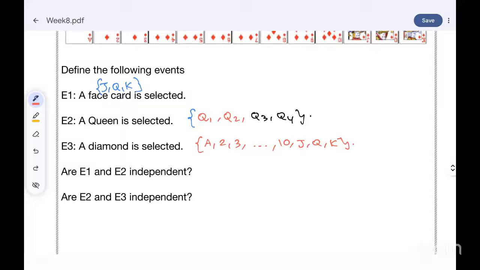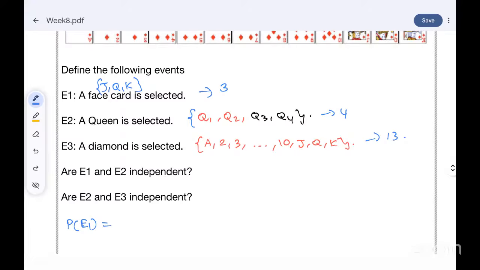So first of all, here again the same conditions we need to check. In E1 there are 3 ranks with 4 cards each, and here there are 13 outcomes. So we need to look at the probability of E1, E2, E3 and their intersections. First of all, what is the probability of E1? 12 by 52, because we have 3 into 4 cards, so 12 by 52.